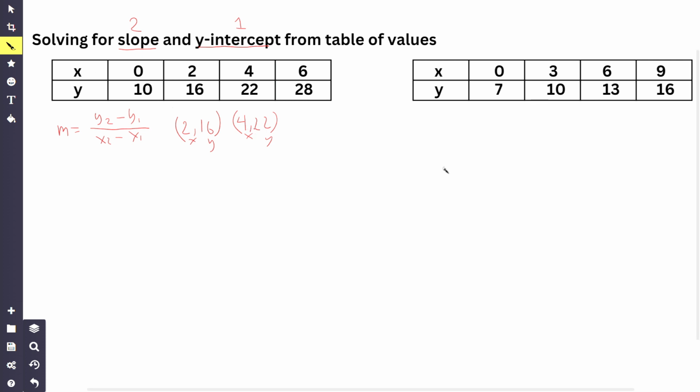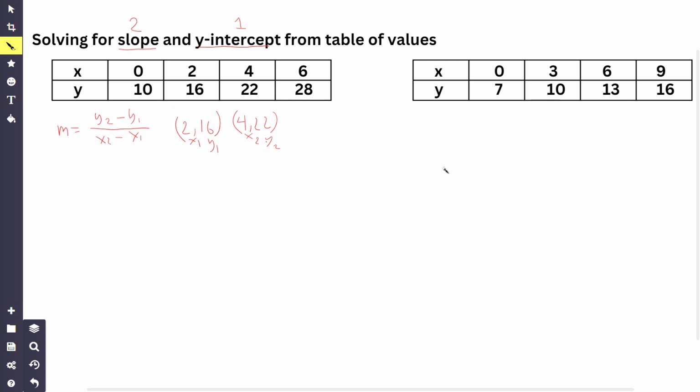In this one, the 4 and 22 are the bigger numbers in comparison with 2 and 16. That's why I will make this x sub 2 and y sub 2, and x sub 1, y sub 1. But again, you can actually interchange the x sub 1, y sub 1 here, as long as the sub 1 are together and the sub 2 are together.